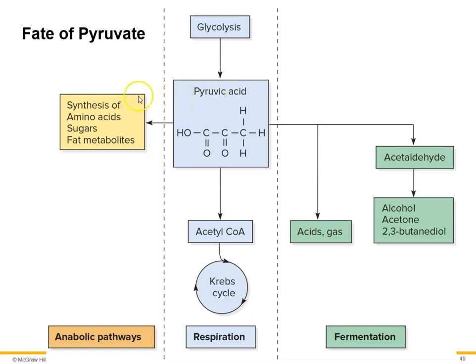However, pyruvate can also go on to be used in the synthesis of amino acids, sugars, and fat metabolites, or in organisms that undergo fermentation. Pyruvate can go on to become certain acids and gas, or even alcohol, depending on the organism.